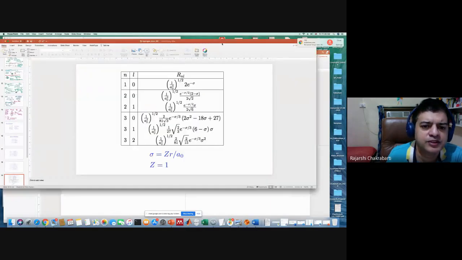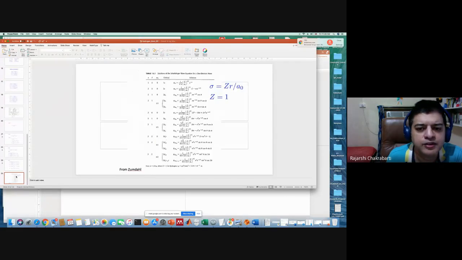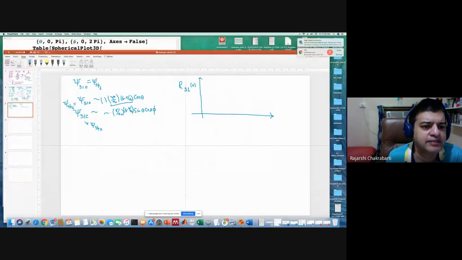Let us actually see what is the functional form for this wave function. I think it is written somewhere else. I had given you this list. So psi 2pz is this, and 3pz is this.